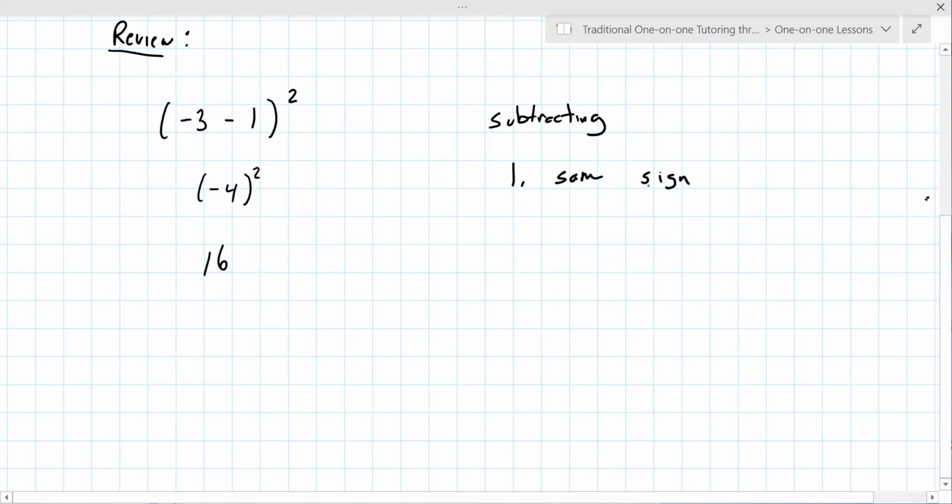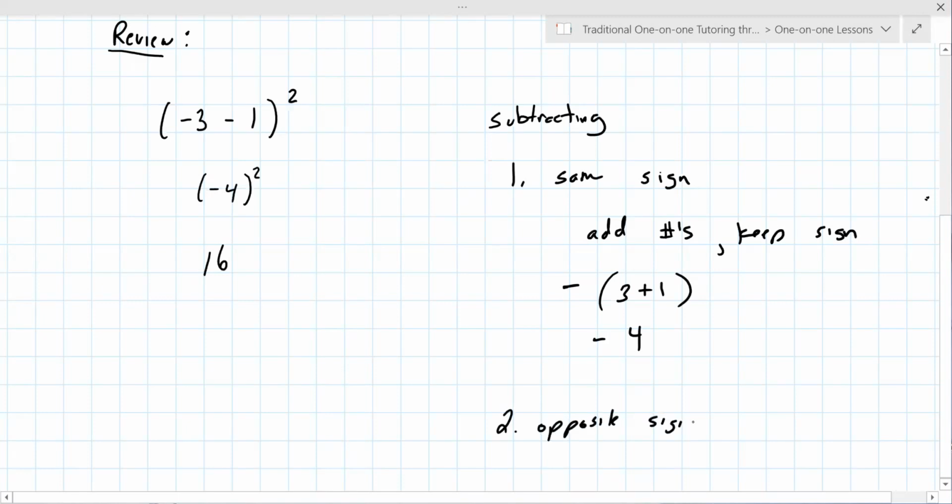Okay, so when they're the same sign, you add the numbers and you keep the sign. So you do 3 plus 1, but you keep that it's negative, and that's why it's negative 4. The other possibility is when they are opposite sign. There's only two possibilities, and we'll see that in the next problem.